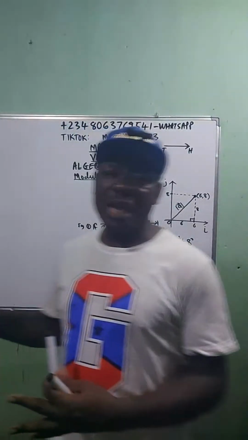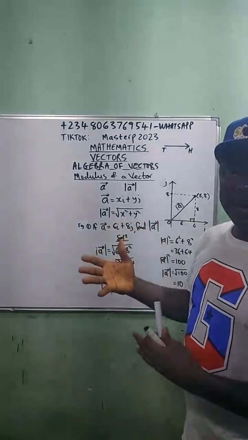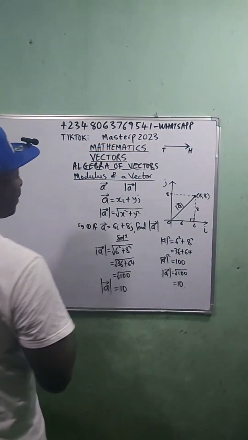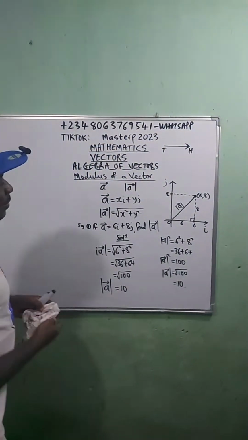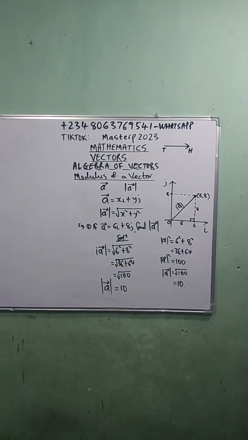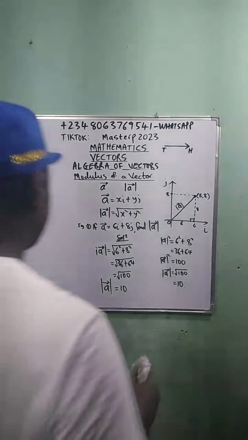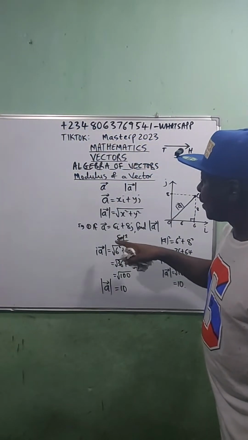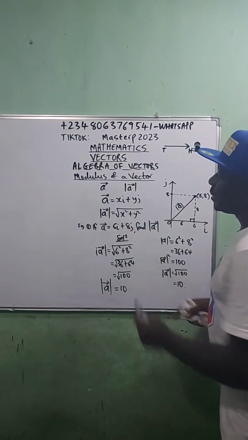Also, this is for 2 dimensions. They can still give us 3 dimensions. Let me give you 2 or 3 seconds to go through this one. Okay, so then let me give an example. This is an example in 2 dimensions, a 2-dimensional vector.